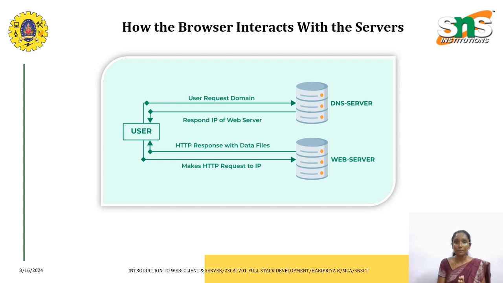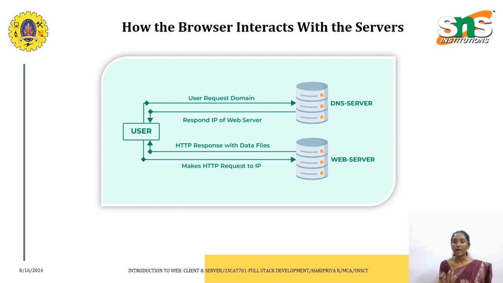Clear, guys? First, I as a user will be giving the request through the domain name only. After my request reaches the server through the domain, the web server will respond to the user about which website you have to reach. Clear? And after that it will make the HTTP response in data files.